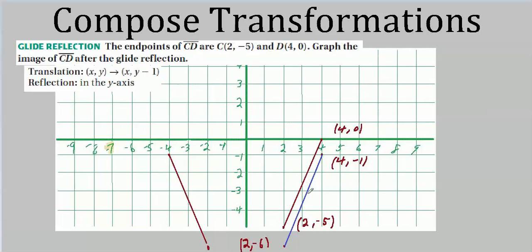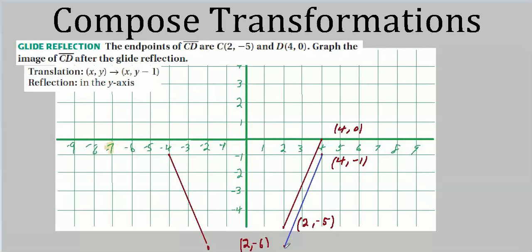We've got the point 2, -5 here, and 4, 0 here. Pretty easy. Now, the translation. We just drop it down 1. 4, 0 goes into 4, -1. 2, -5 becomes 2, -6.